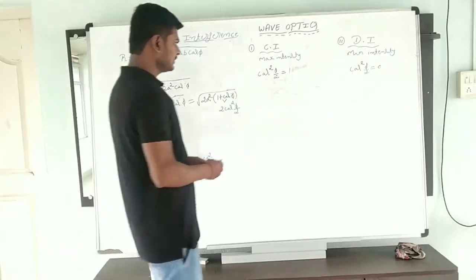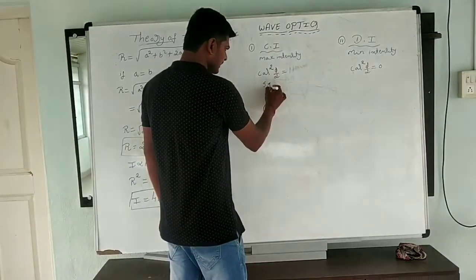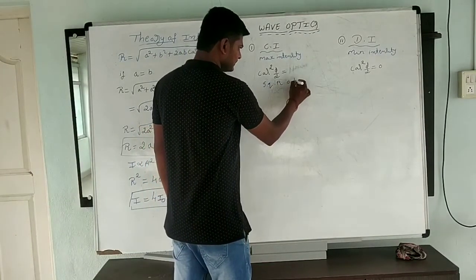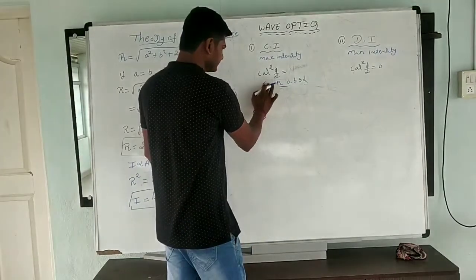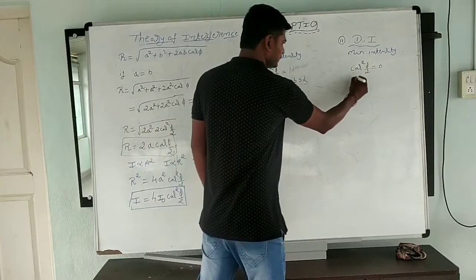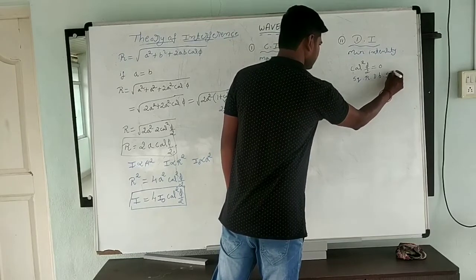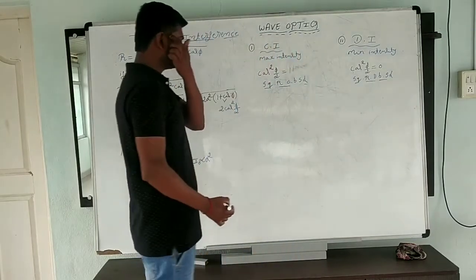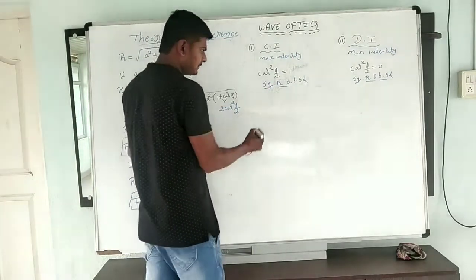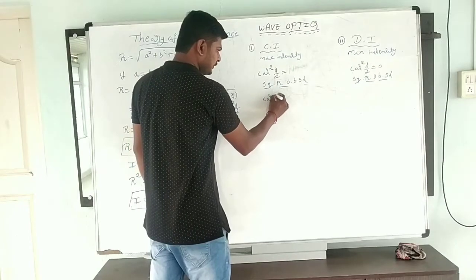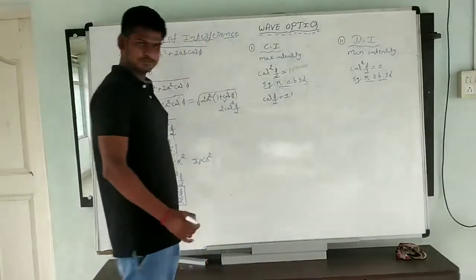Now, I am going to take the square root on both sides. Cos square pi by 2 is equal to 1, so cos pi by 2 is plus or minus 1.